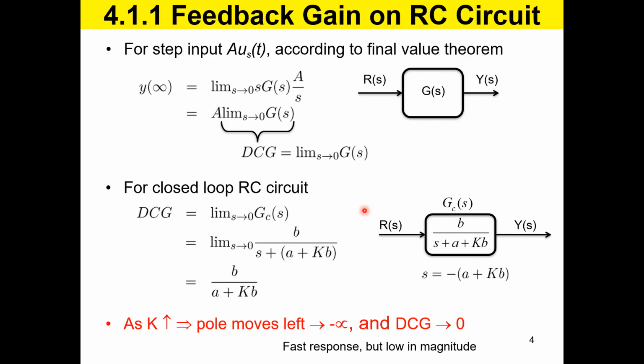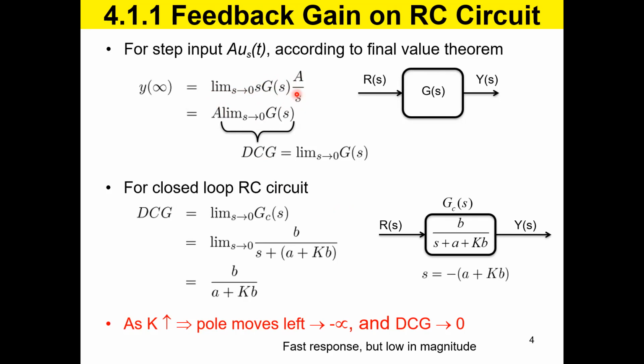So make a note of today's self-study: the final value theorem, and I give you the equation here. The final value is given by this one. In the book, there's a chapter on Laplace where you can see the final value theorem with the proof. The theorem is: limit as s goes to 0 of s times G(s) F(s), whatever input you give to the plant.